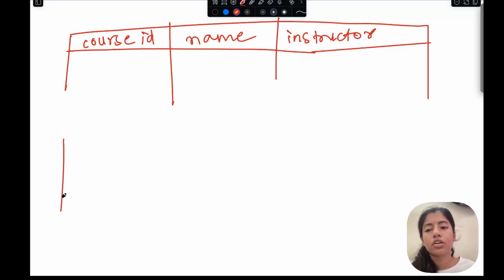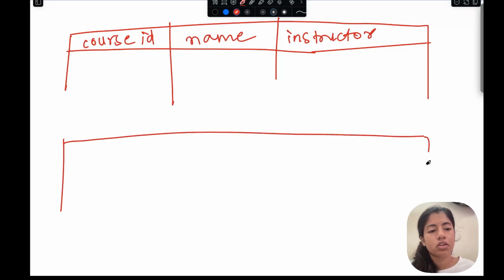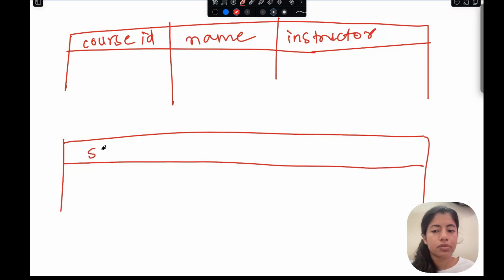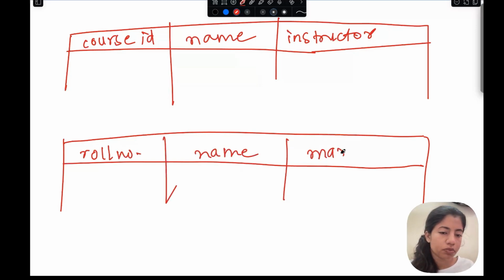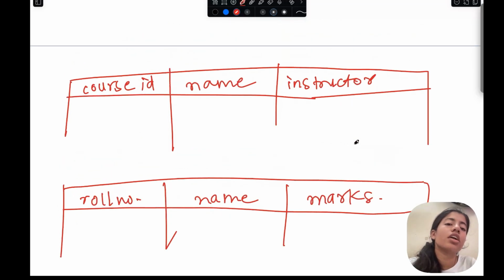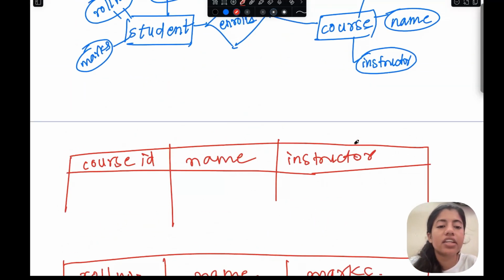And for our student, we have the same details as before: roll number, name, and marks. So now we are clear how to represent each entity in a table.